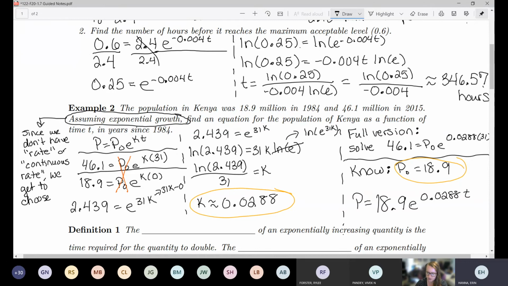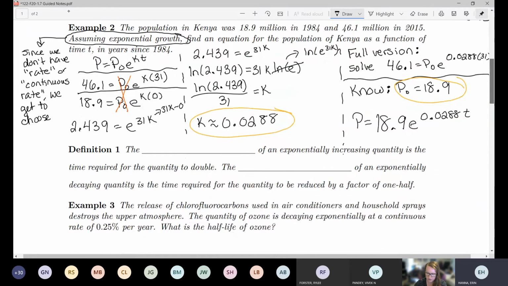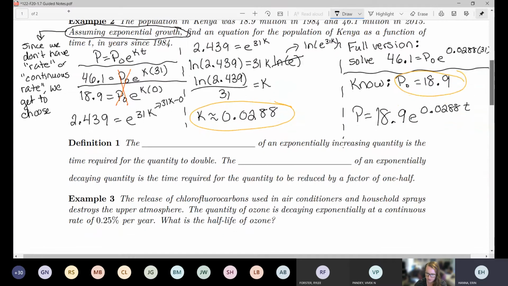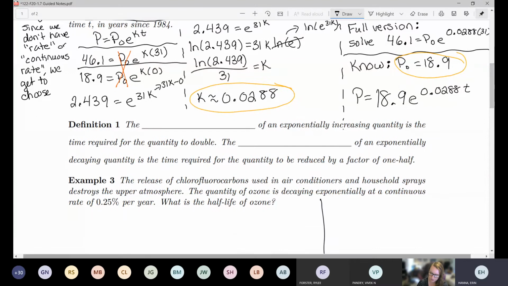One thing I want to mention quickly, I'm going to scroll down a little bit so I have some space to put it. In the homework, you have ones that look like this, and it gives you a point and tells you what this value is. Let's say 25. And it asks you to find the exponential equation for this.